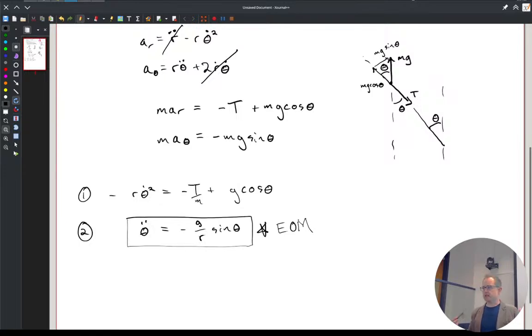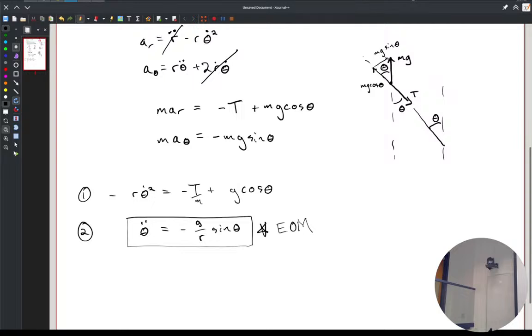When I look at it, I say this is my equation of motion because it's a second order differential equation describing acceleration and position. It's not exactly r, but it's theta. And if I know theta, I know everything I need to know about the balloon. Then equation 1, really what it's telling you is that if you integrate this, then you have theta, theta dot, and theta double dot.